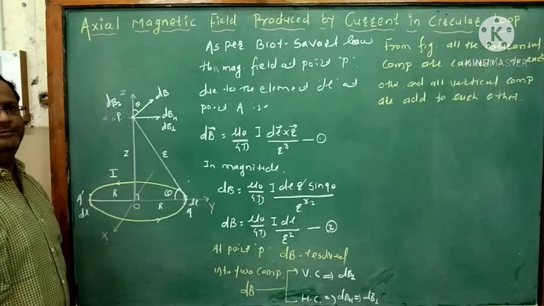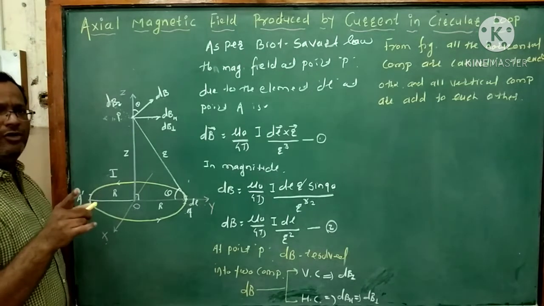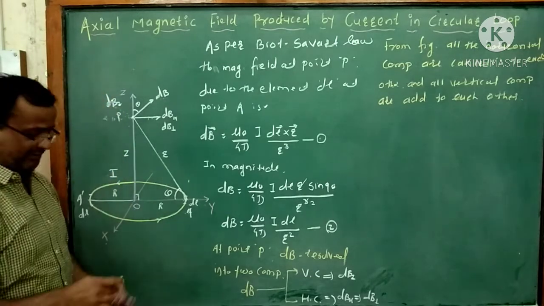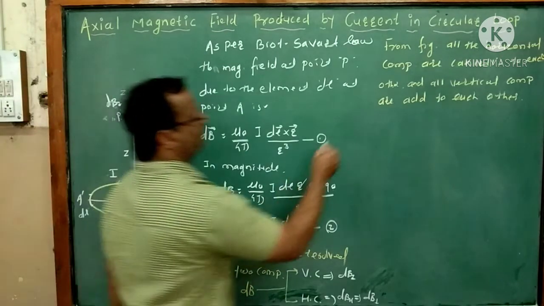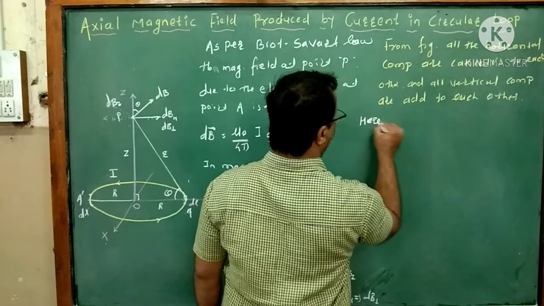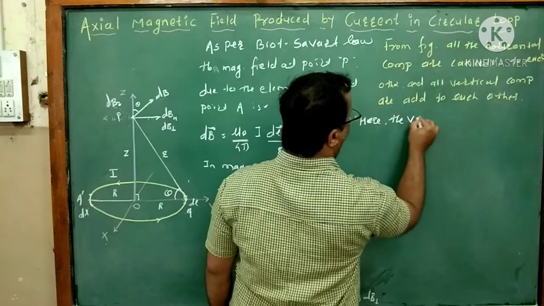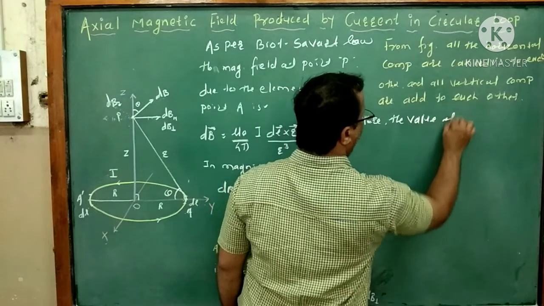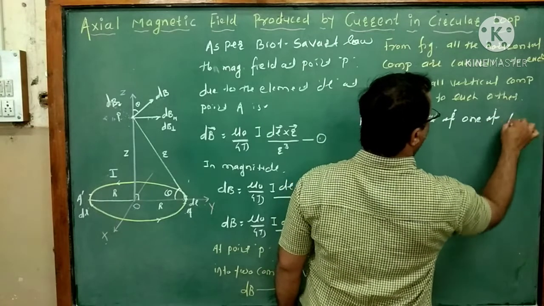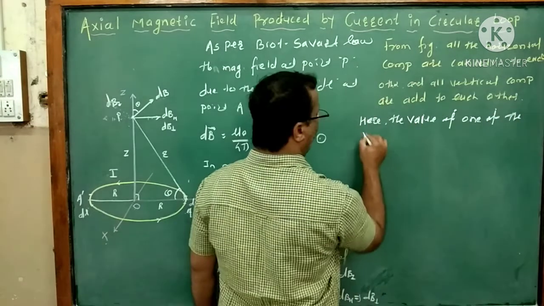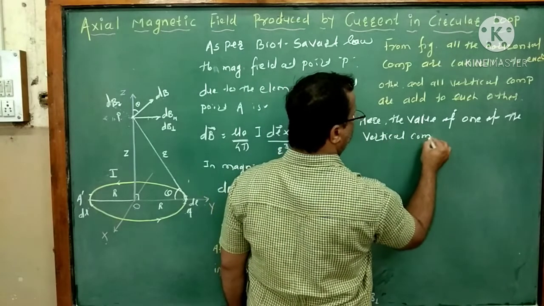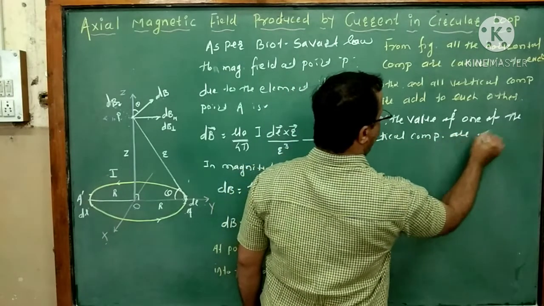So that's why the value of the vertical component is what we get there.